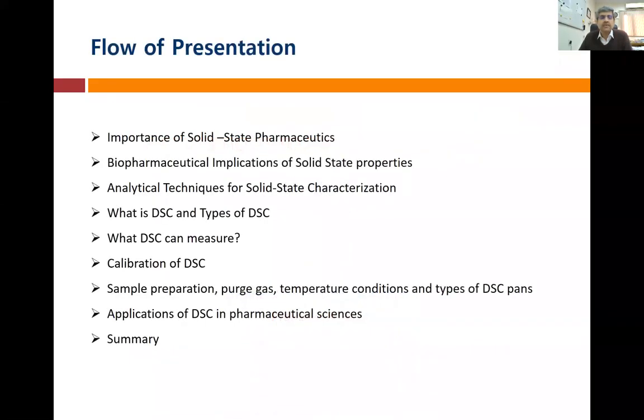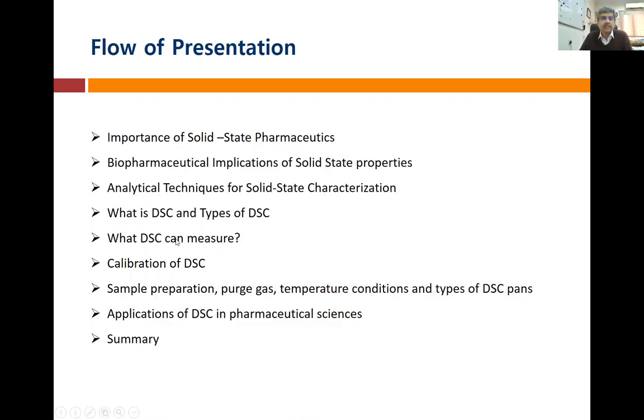We are going to discuss our talk in the flow that is given here. We'll first talk about the importance of solid state pharmaceutics. What are its biopharmaceutical implications? General analytical techniques that are used for solid state characterization. What is DSC and types of DSC?